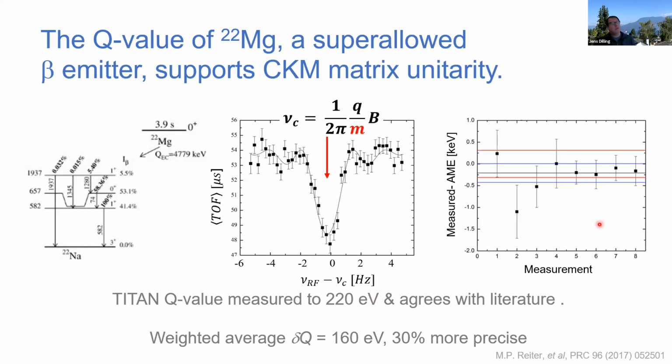And I will go into a little bit more details in a second, but I want you to look at those numbers here. So we can determine Q values on the level of 200 eV. And if you go a little bit further, we even boil that down to 160 eV. So very high precision, hundreds of eV type precisions for nuclear physics measurements.